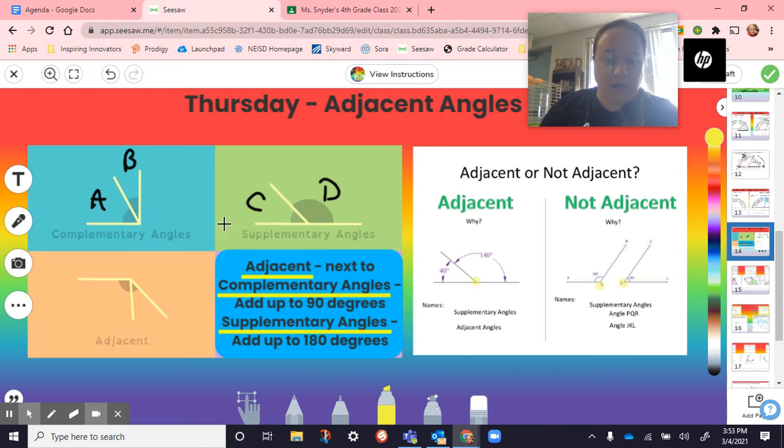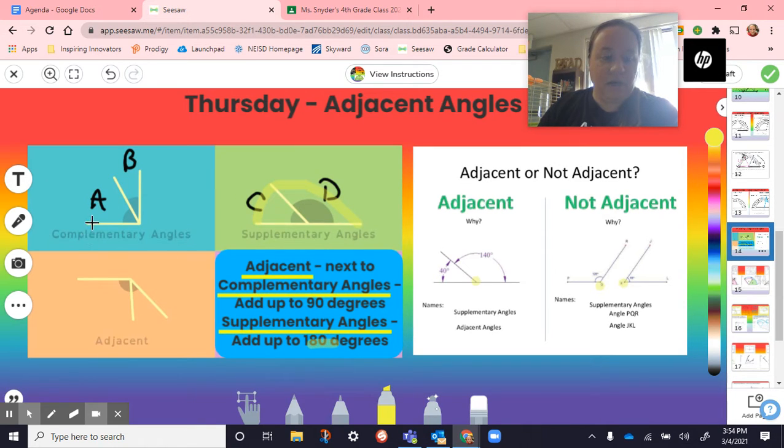All right, so here, supplementary again, these are angles that add up to 180 degrees. So angle C would add with angle D, and this plus this would equal that straight angle 180. So when I take this part and combine them, you get 180 degrees.